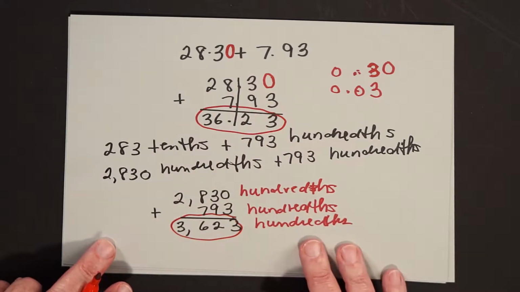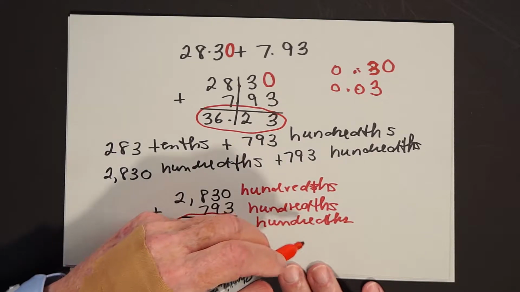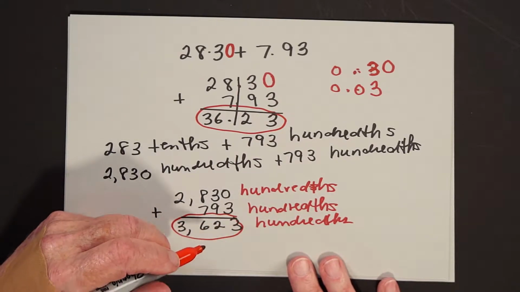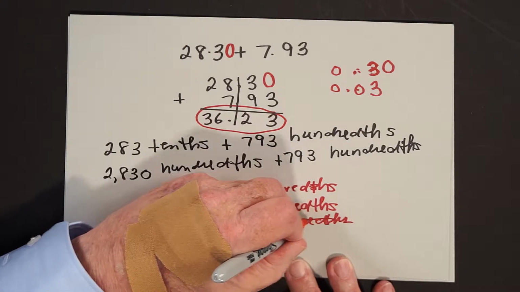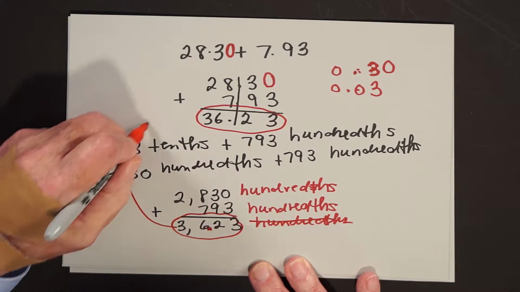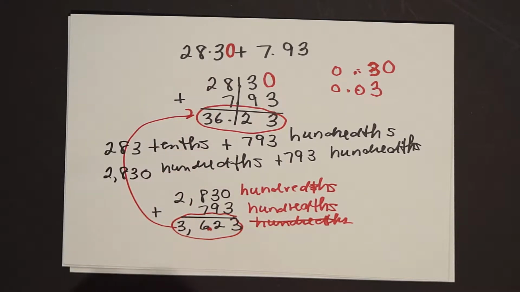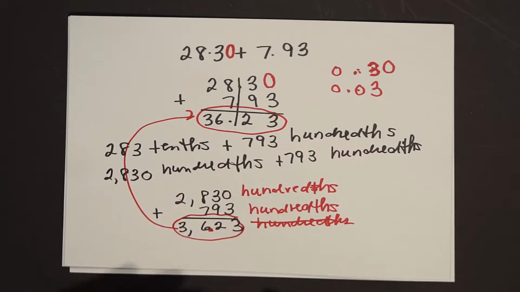And we keep the common noun, which is hundredths. And what's the price that we pay if we don't want to use the word? To leave out the word hundredths, since it represents two digits to the right of the decimal point, we can cross this out, put the decimal point over here, and now we have the validation to what we were doing mechanically before. In other words, nothing has changed other than now you can see the logic of why we had to line the decimal points up.